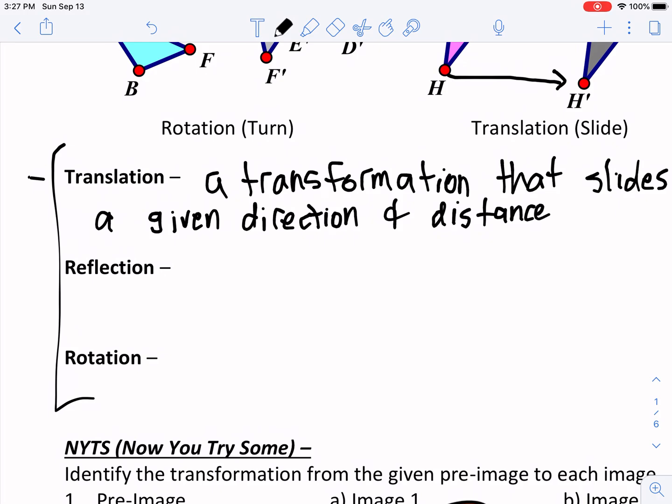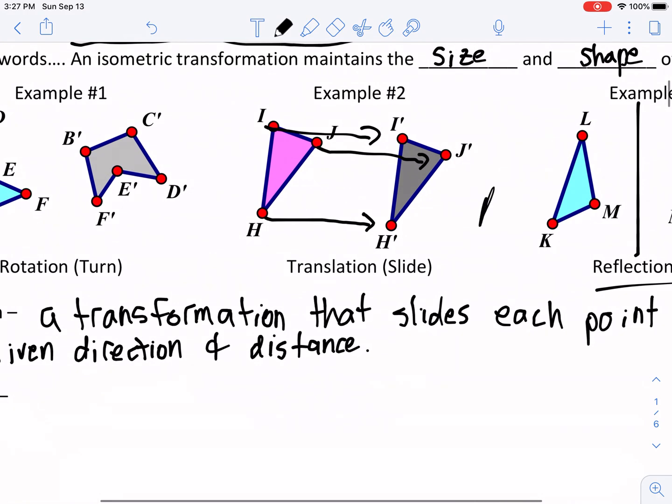So it moves at a certain direction and distance. Like we said over here, this guy appears that it moved to the right, and even though we don't have a judge for distance here, it moves some distance.